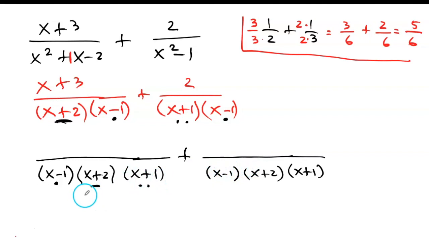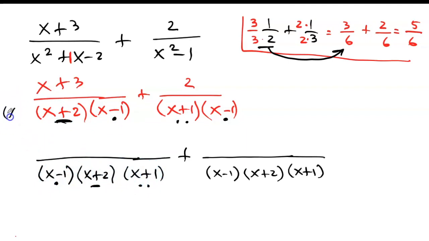All right, next. This denominator, the same that I did here, remember? By what number do I need to multiply the 2 to get to the 6, and I multiply on the side. All right, I want this denominator to be the same as this. What's missing? x plus 2 is there, x minus 1 is here, but x plus 1 is missing.